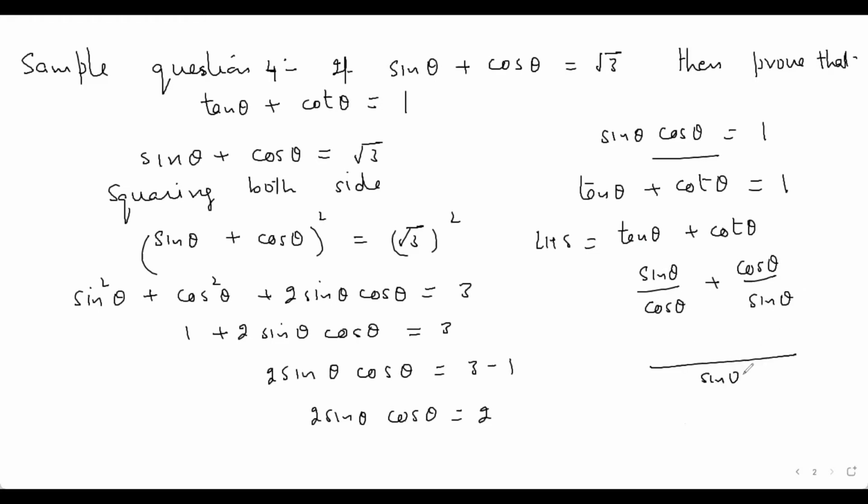That is sin²θ plus cos²θ in the numerator over sin θ cos θ. That is 1 upon sin θ cos θ. Sin θ cos θ is what? This is 1. So this is 1 upon 1, that is equal to 1. This is what we want to prove.